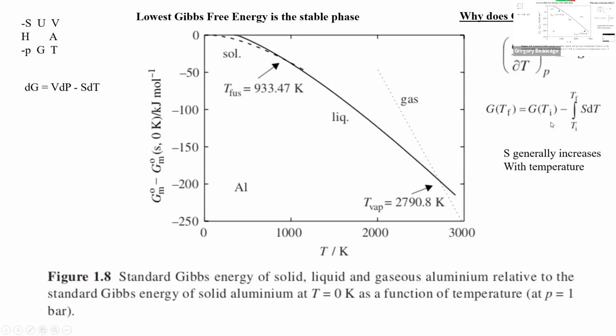You know that the entropy is like the randomness of the system, and as the temperature increases, the randomness increases. So dG/dT is negative, which means the free energy has to decrease with temperature just because of this expression.